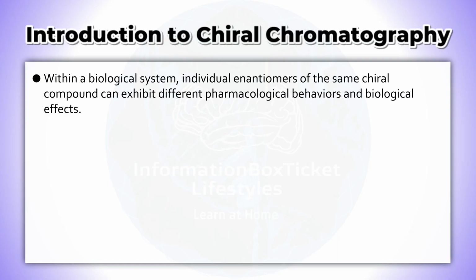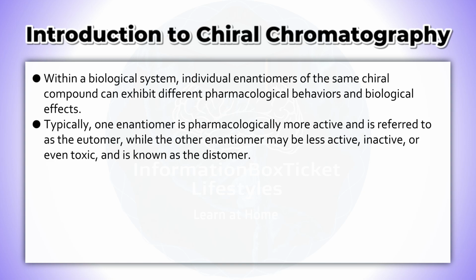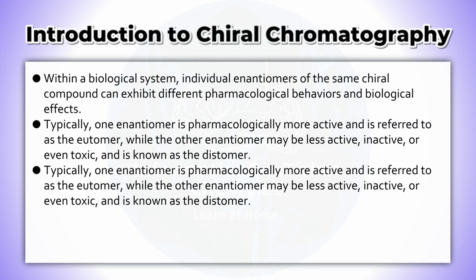Within a biological system, individual enantiomers of the same chiral compound can exhibit different pharmacological behaviors and biological effects. Typically, one enantiomer is pharmacologically more active and is referred to as the eutomer, while the other enantiomer may be less active, inactive, or even toxic, and is known as the distomer.